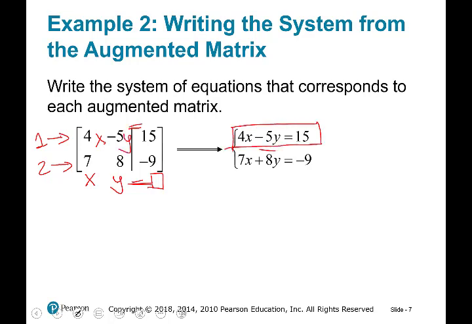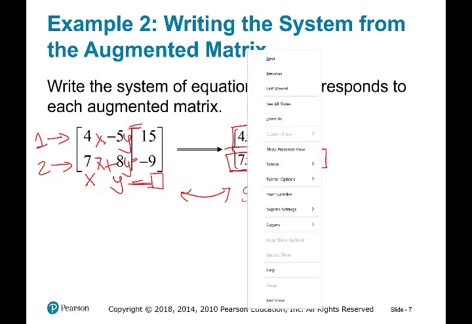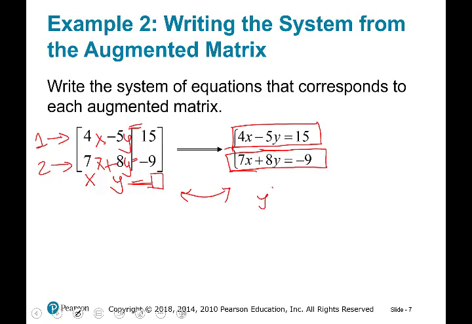That's what we have here. And 7x plus ay equal to minus 9. That's what we have here. This is to practice going back and forth between the system of equations and the matrix form.